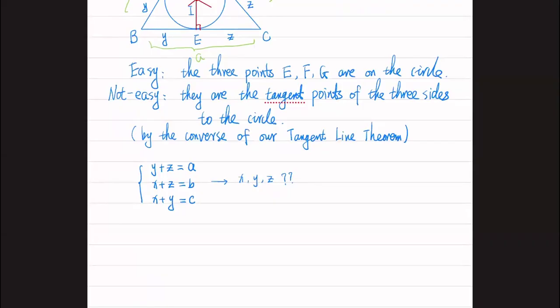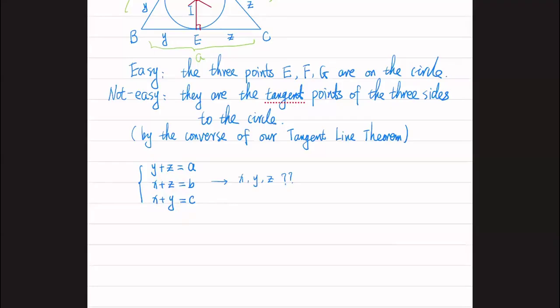Okay, yes. So the point is, later you will learn about the symmetry. There's some symmetry of this system. If we add all three together, we have x plus 2x, y plus 2y, z plus 2z.